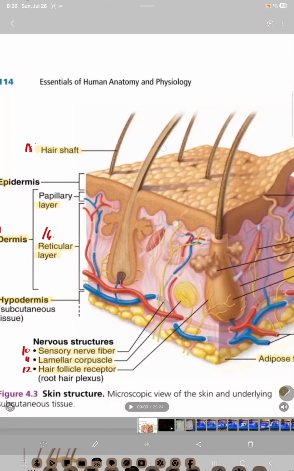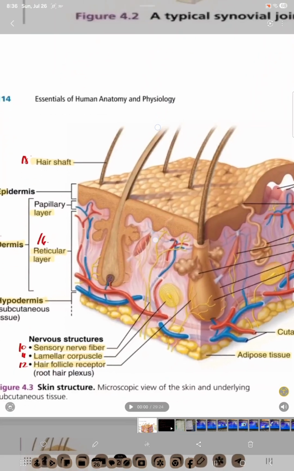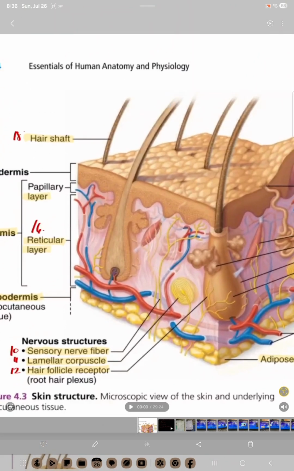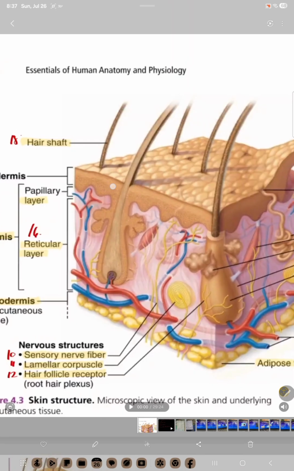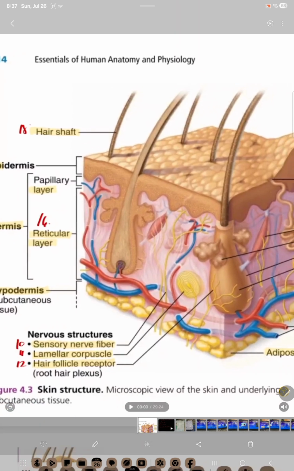In our third degree burn, both the epidermis and the dermis are injured and destroyed, both of them damaged.